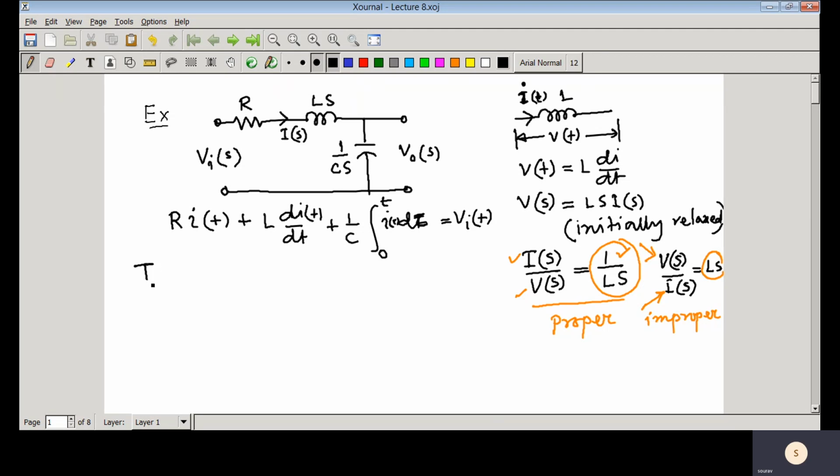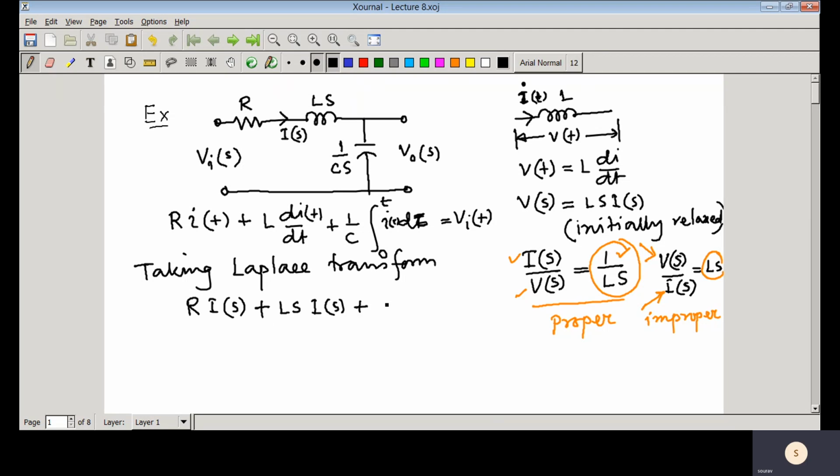Taking the Laplace transform, you get R I(s) plus Ls I(s) plus 1 by Cs I(s) equal to Vi(s).